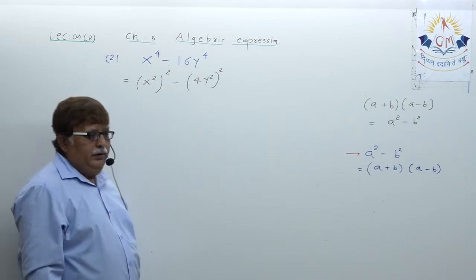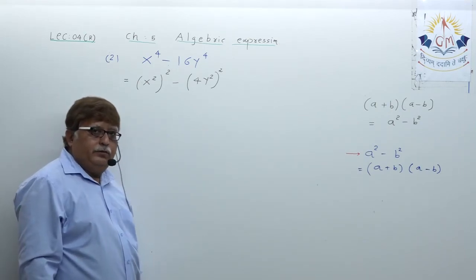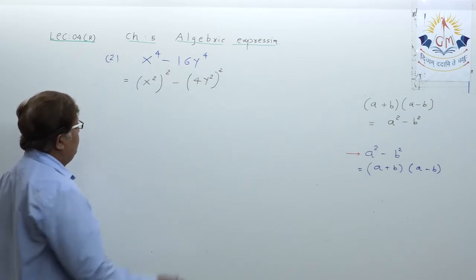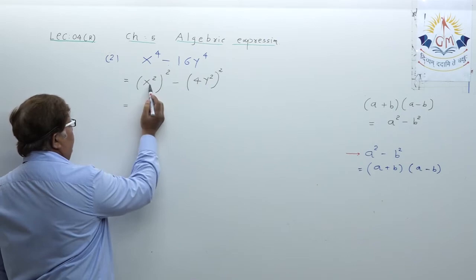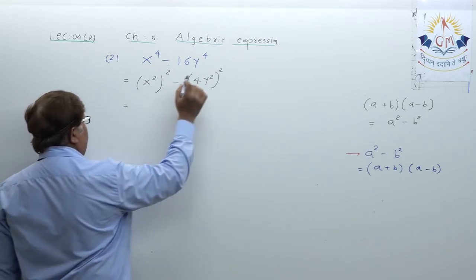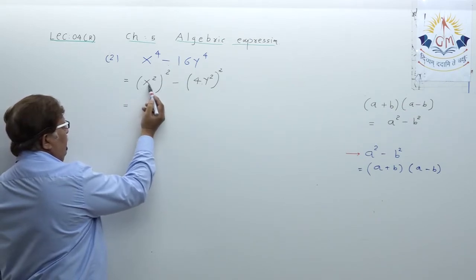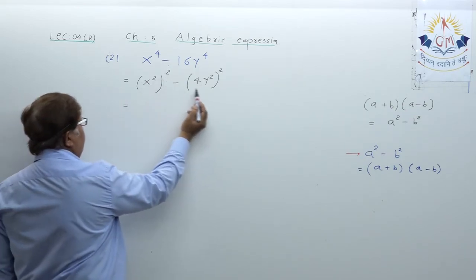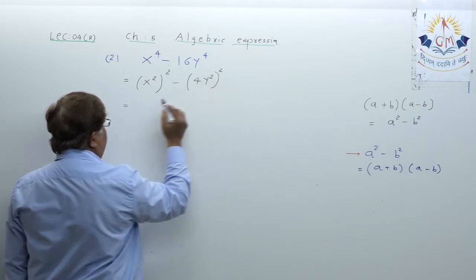Is it clear in your mind? Next step. This is A, this is B, it is A square minus B square.